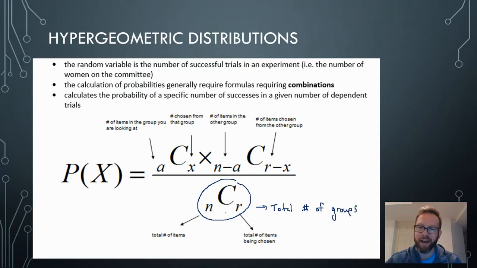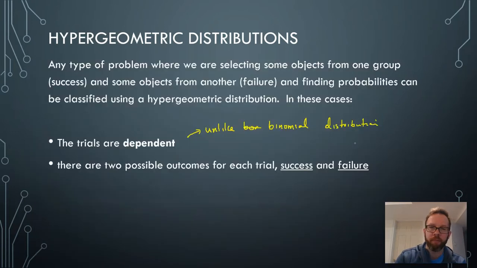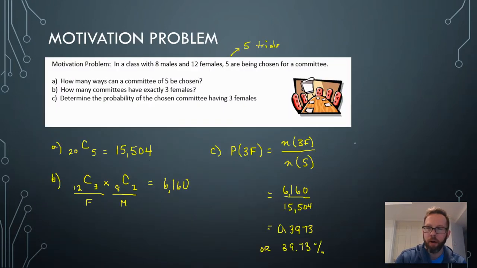If you have n items and you're choosing a certain number of items, so in our particular problem with the committee, the total number of items was 20, and we were choosing 5 people for our committee, so R was equal to 5. And you'll notice in our calculation we did earlier, on the bottom, we had 20 choose 5, 15,504.